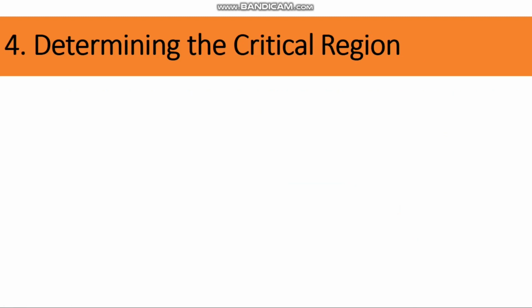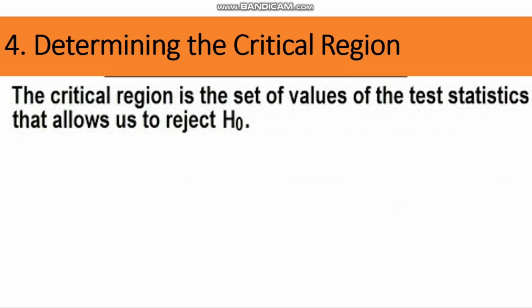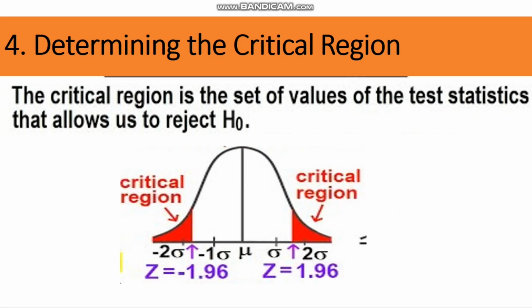Next one is he has to determine the critical region, that is, the accepted or rejected region of the null hypothesis. In this diagram, these parts are the rejected region, these parts are the accepted region.